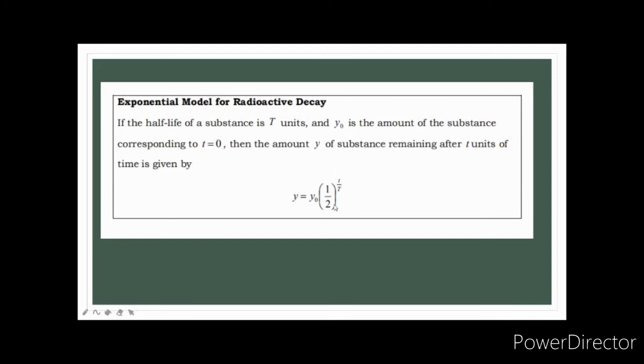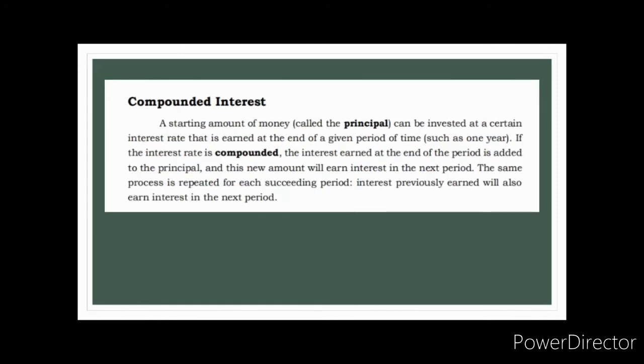Now let's have the compound interest. A starting amount of money, called the principal, can be invested at a certain interest rate that is earned at the end of a given period of time, such as 1 year.